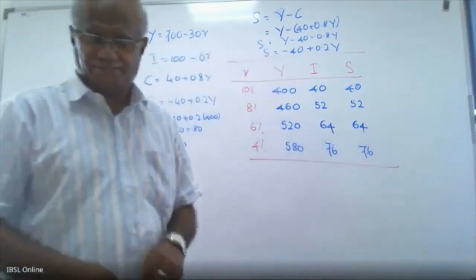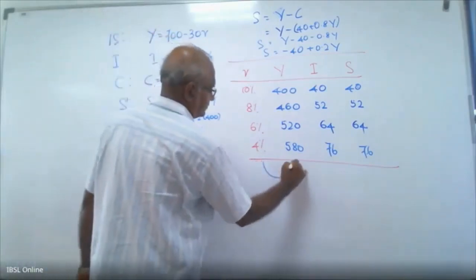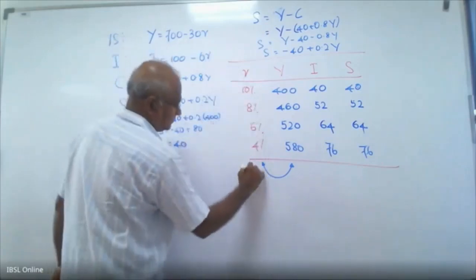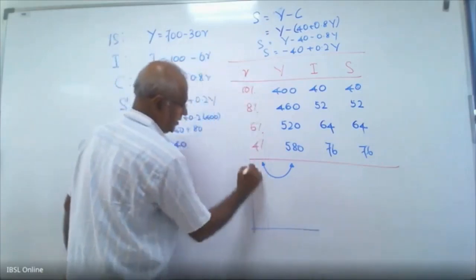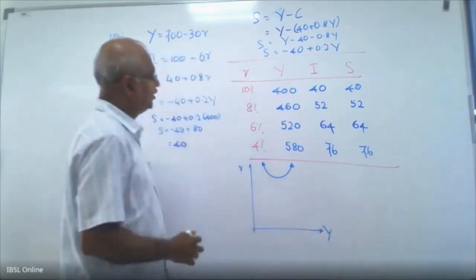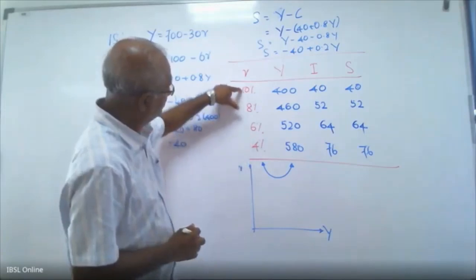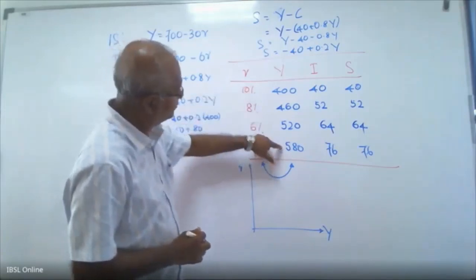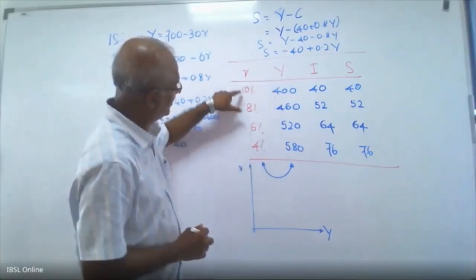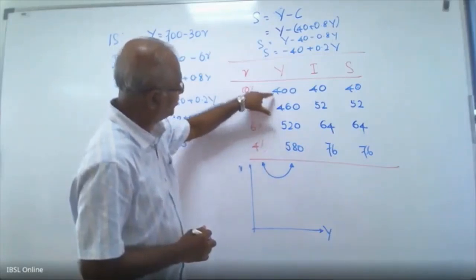This is interesting. Now, what is the IS schedule? The IS schedule is this. Draw the IS curve, interest rate and income. What kind of relationship? When interest rate increases, GDP decreases. 4, 6, 8, 10: 580, 520, 460, 400.